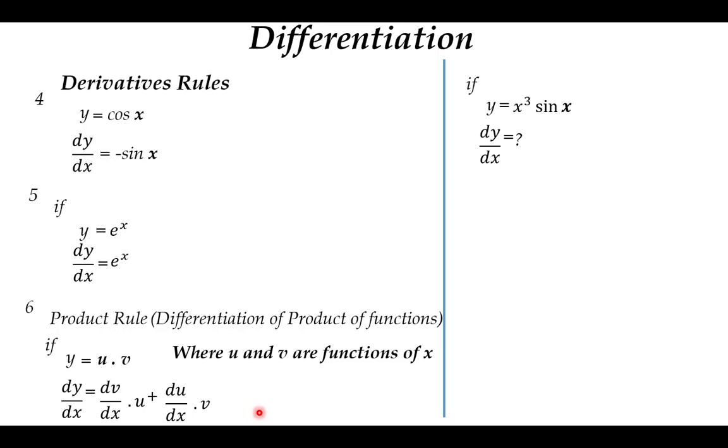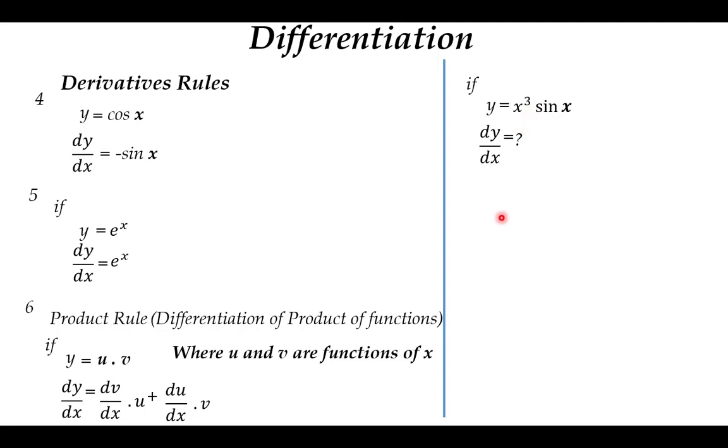In this case, let us split functions into u and v as we stated earlier. We have x to the power 3 and then we have sine x. So this is in the form of u times v. x to the power 3 is one function and sine x is another function with respect to x.